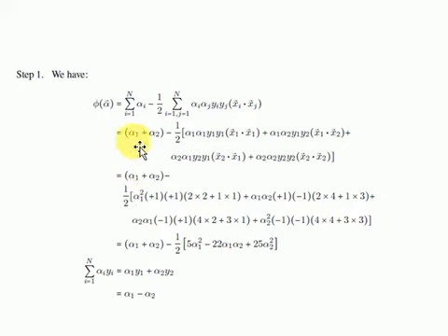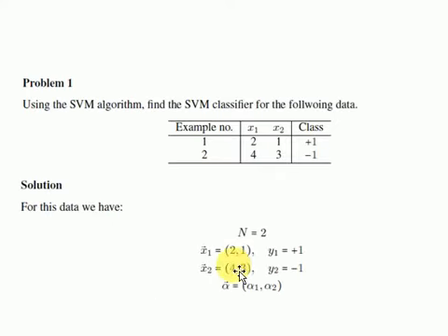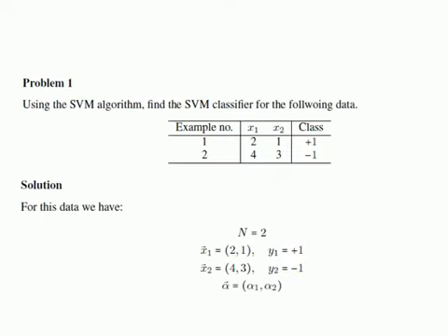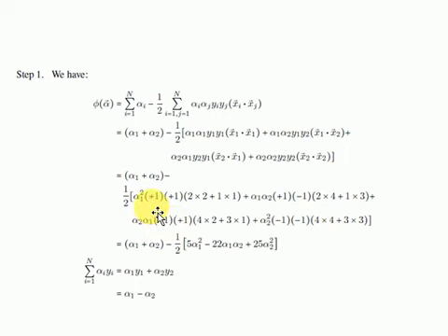So let us write them as such: alpha 1 plus alpha 2 minus 1 by 2 alpha square into y1 into y1 x1 dot x1. Now let us take the values of x1. x1 is 2 and 1, so that makes it 2 into 2 plus 1 into 1, and y1 is +1, so it will be +1 into +1, 2 into 2 plus 1 into 1.